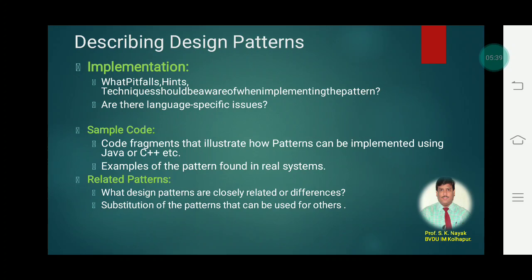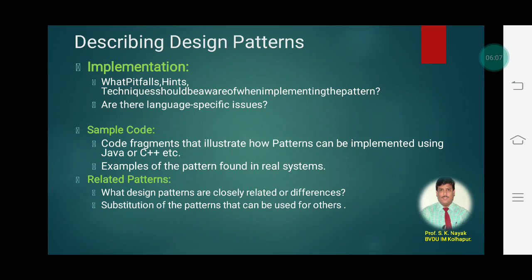Next, to describe the design pattern, we have implementation. We can move directly to the implementation part: what pitfalls, hints and techniques should one be aware of when implementing the design pattern? So we have to see when and where it will be implemented, and all kinds of implementation parts according to a particular design pattern.